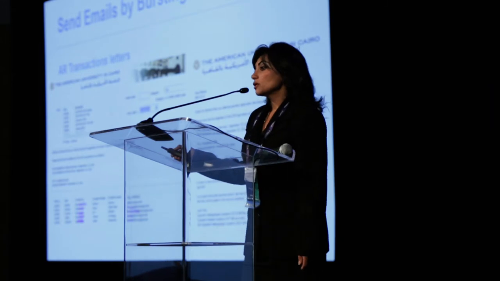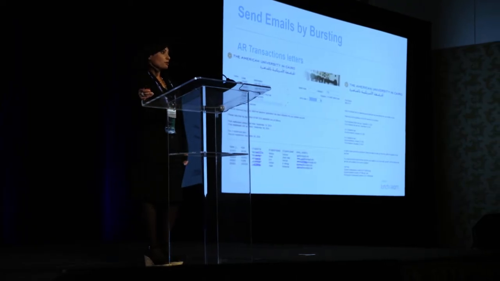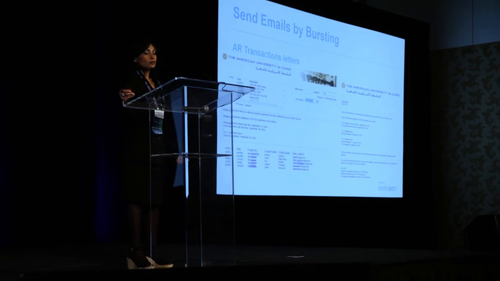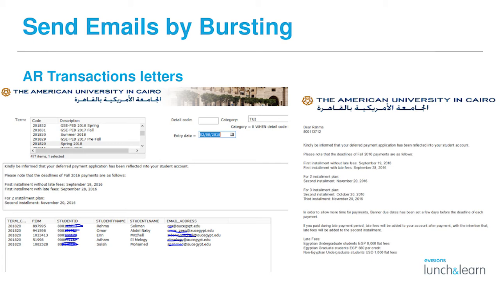Another example of using bursting is having the Banner installment plan, or any other kind of AR, accounts receivable, transactions, sent by email to students. As you can see, according to the type, maybe some of you are familiar with Banner.